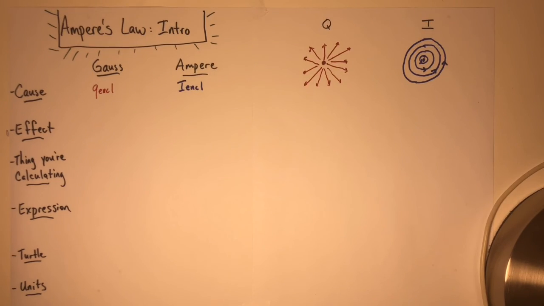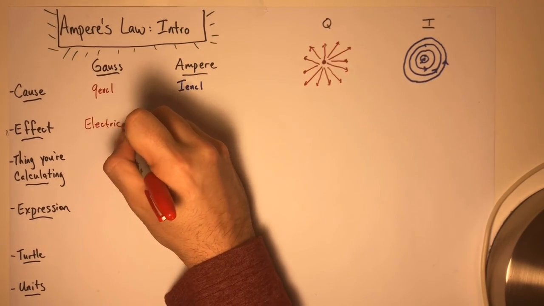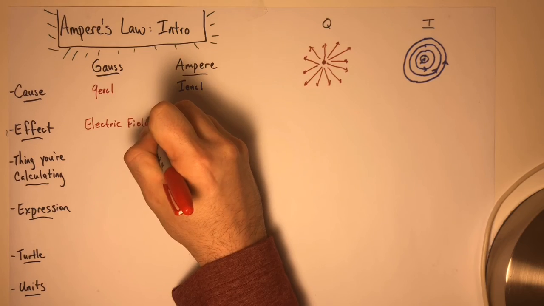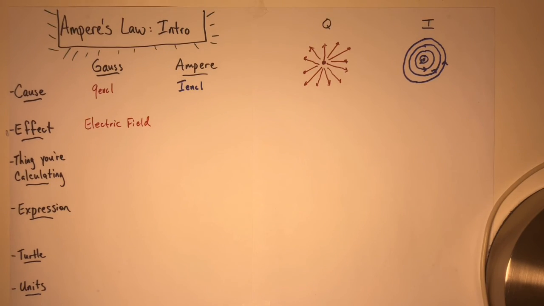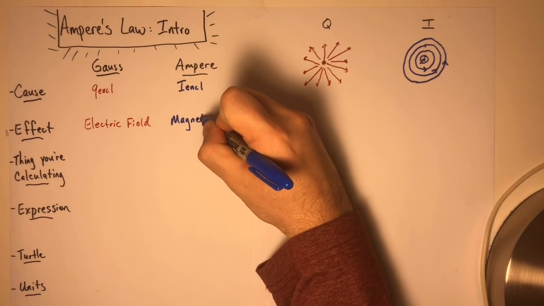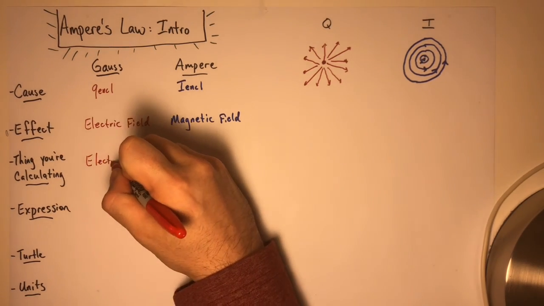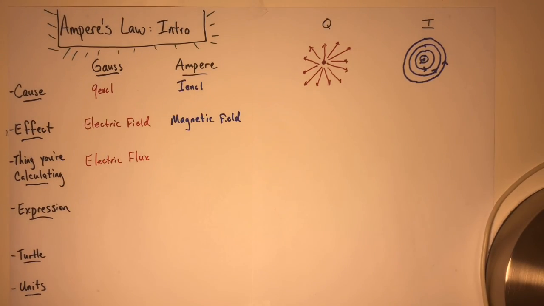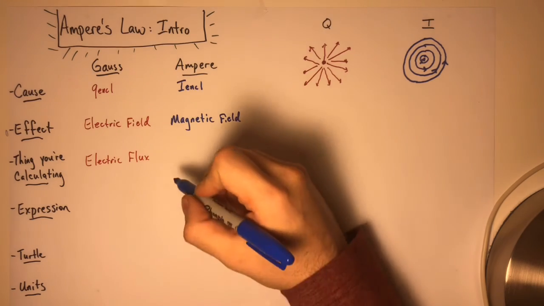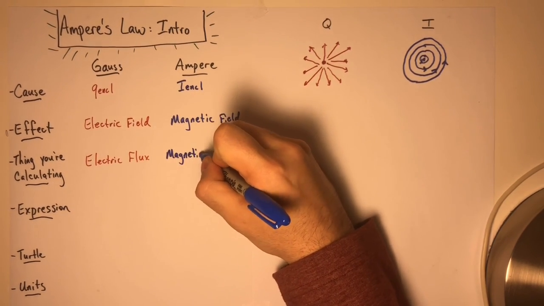The effect of this enclosed charge was an electric field, and the effect of an enclosed current is a magnetic field. The thing we were calculating was the electric flux, and the thing we're calculating now is the magnetic circulation.